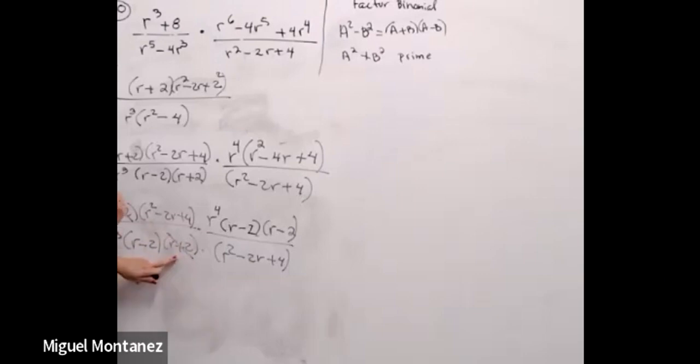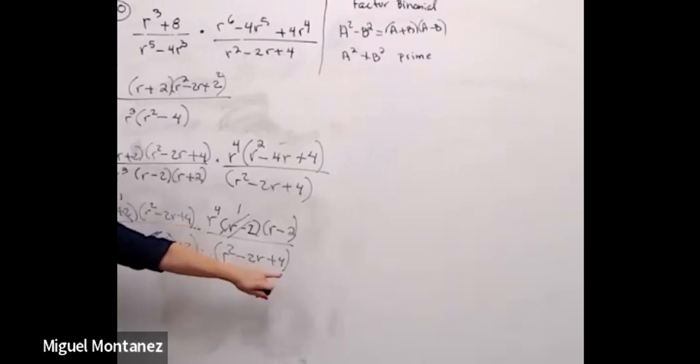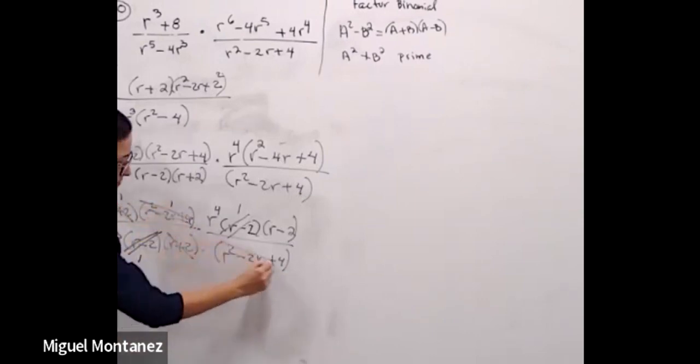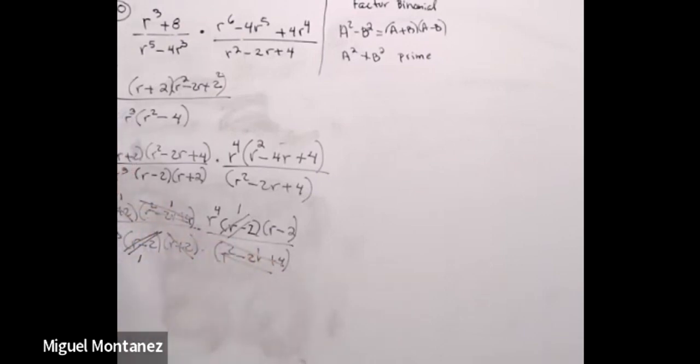Divide by, so that gives us 1. This R minus 2 from here, right? With this one, we divide it. R squared minus 2R plus 4 with this R squared minus 2R plus 4. So this one is also gone. And we are left with an R fourth over R cubed.